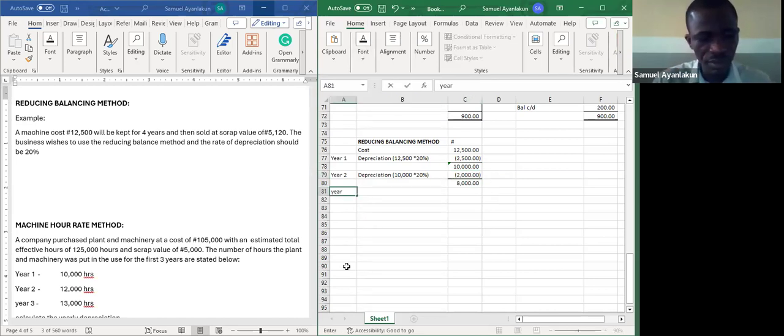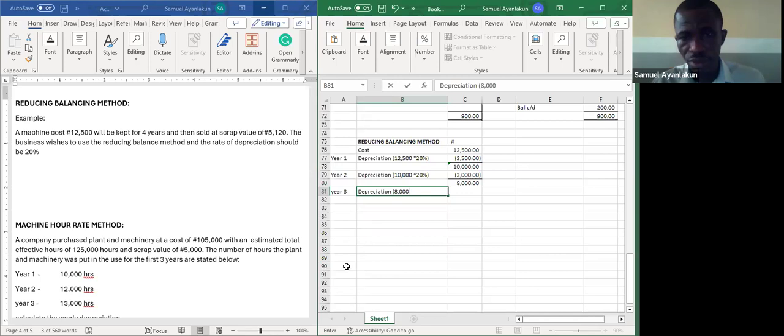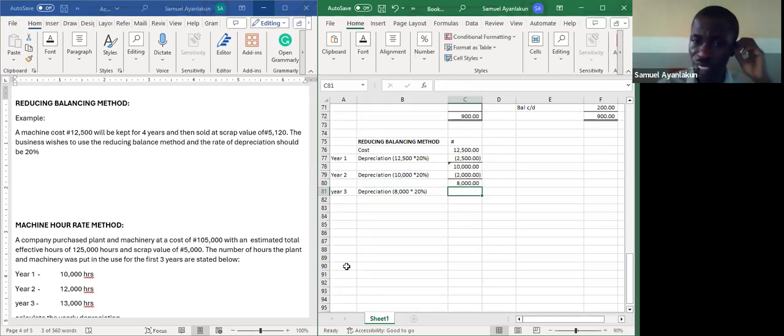In year three, it will now be 8,000 times 20%.